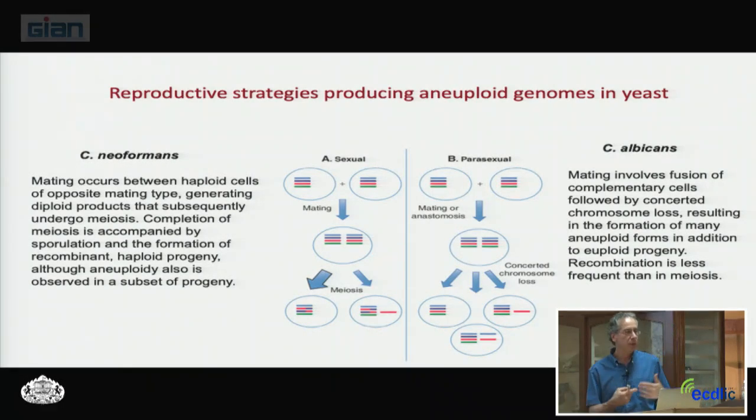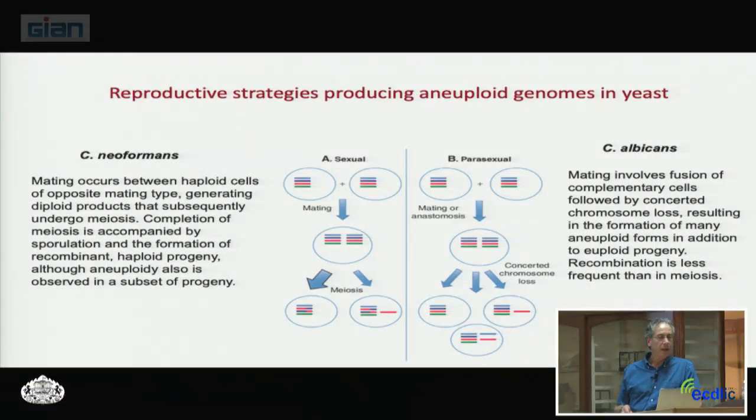And the parasexual process just involves fusion of two cells and fusion of the nuclear DNA, and then a random or concerted loss of chromosomes. So it doesn't involve meiosis.